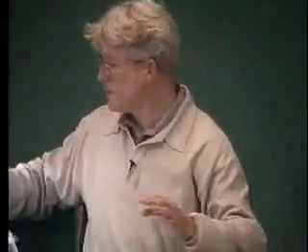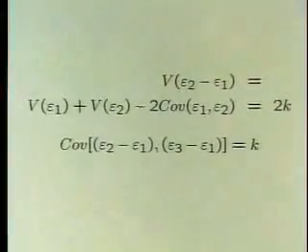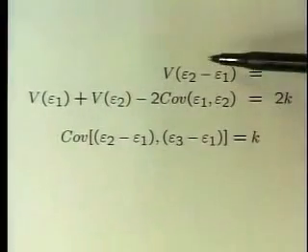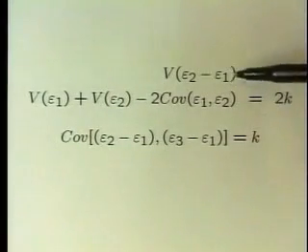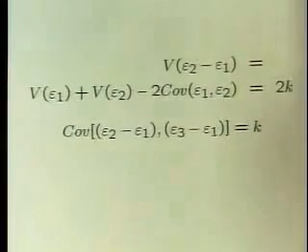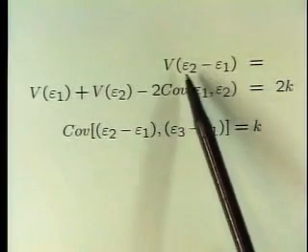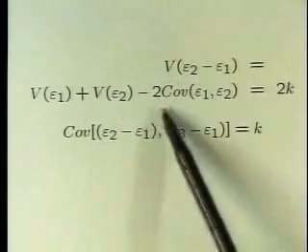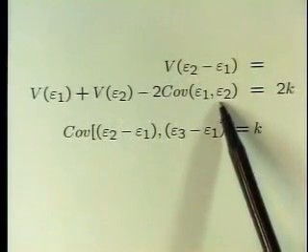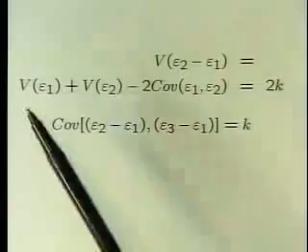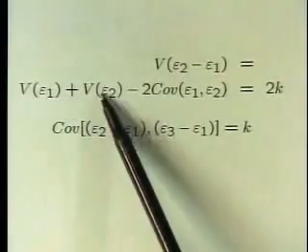For example, the variance of the second alternative minus the first is going to be the variance of the first plus the variance of the second minus 2 times the covariance of the two. Okay? We know that this is k, and that's 0, so that gives us 2k.